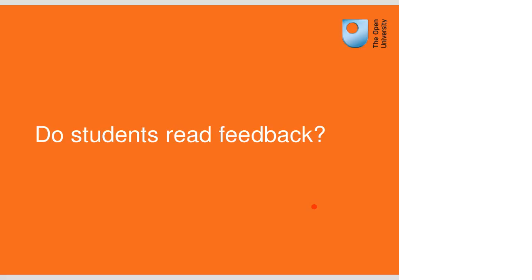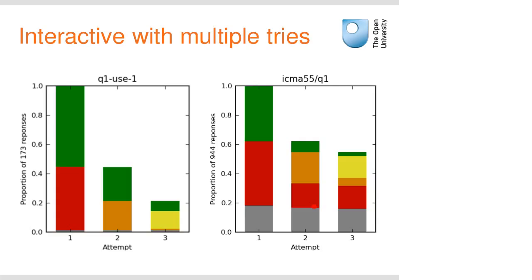She's looking at whether students are actually doing anything with our feedback. A lot of our quizzes use what Moodle calls the interactive behavior with multiple tries. When you answer a question, you get three chances to get it right, with increasing feedback between each chance.